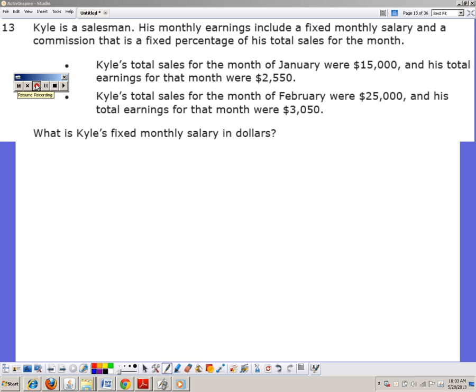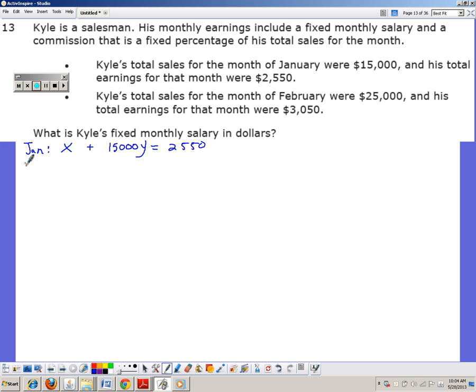Alright, and number 13, first step is to decipher the bullets. So for January, we don't know what his fixed income is, so we're going to call it X. We know his sales was 15,000, but it's 15,000 times a certain percent. We don't know what that is, so we're going to call that Y. His total earnings is $2,550.